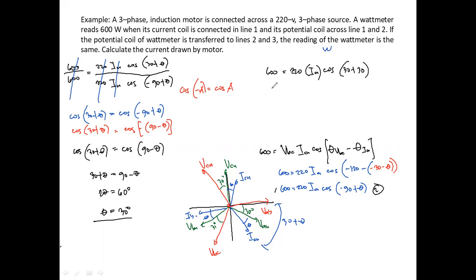So IA can be calculated as 600 divided by 220 divided by cosine of 60, which gives 5.45 amperes. So IA is 5.45 amperes, which is the question being asked in the problem.